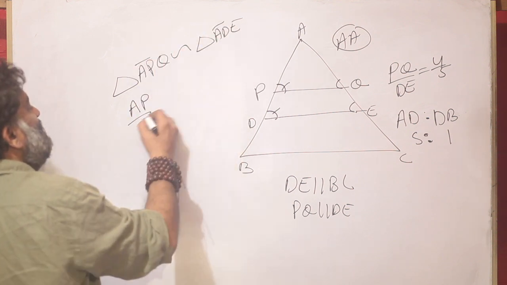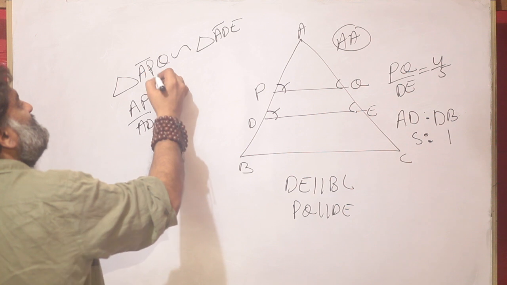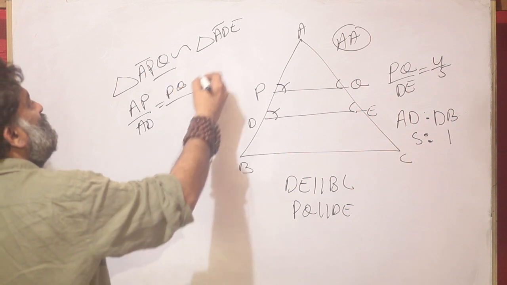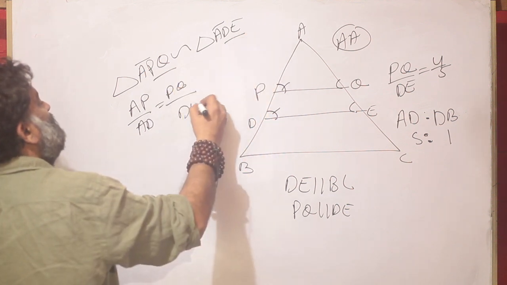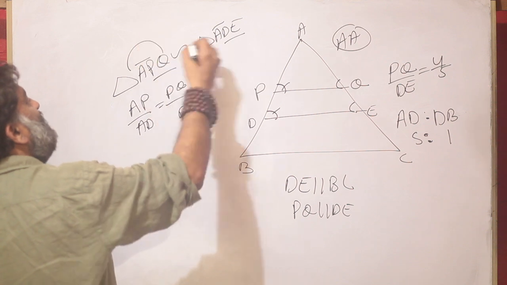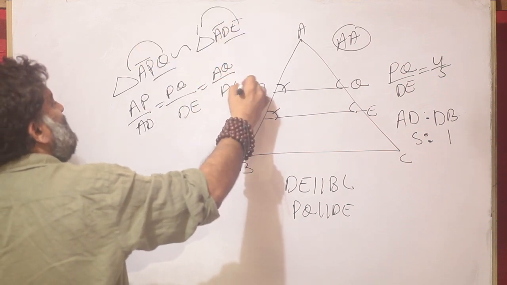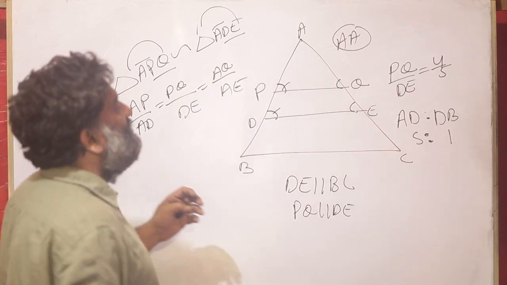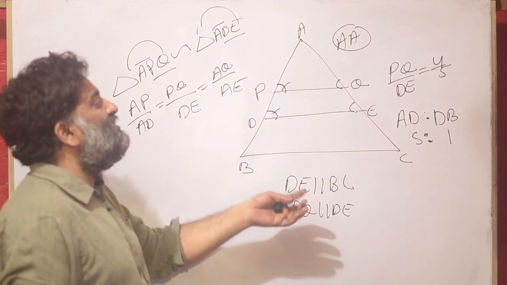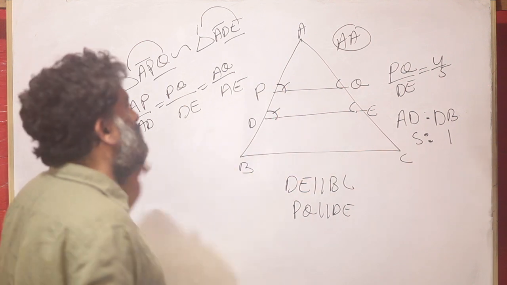AP upon AD is equal to PQ upon DE, and is equal to AQ upon AE. The only challenge occasionally is going to be the correspondence, but in such a figure even that is not a problem, because I know what side matches with what side.